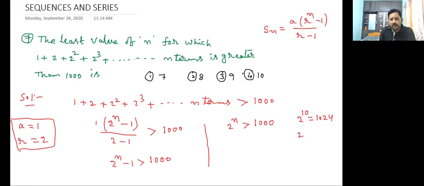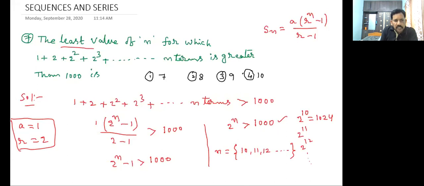If 2 power 11, 2 power 12, and so on, those are greater than 1000 only. So in place of n, take 10, 11, 12, and so on. Any term, the condition will be satisfied.